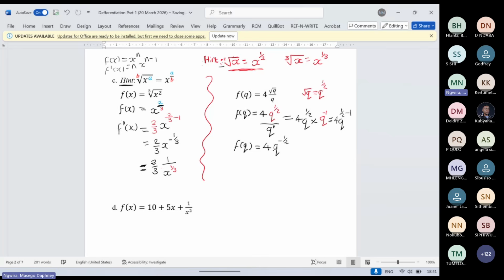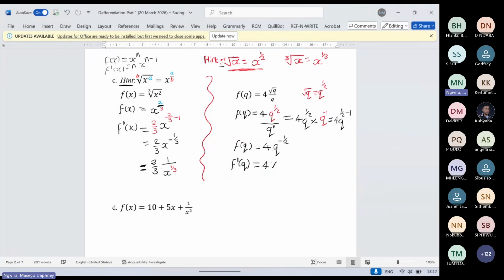It's a function that looks like k x to the power of n. You see, it looks like that. You can only differentiate if you have a power. It must look like that. Now we can differentiate. When we differentiate, f prime q is equal to 4.